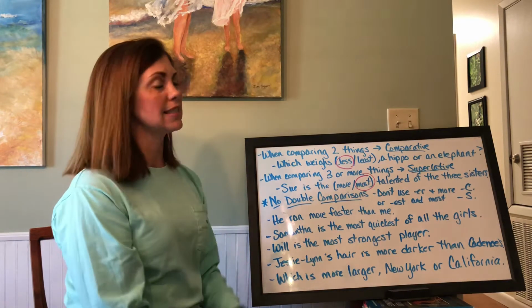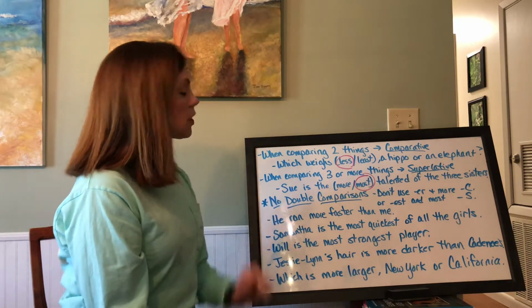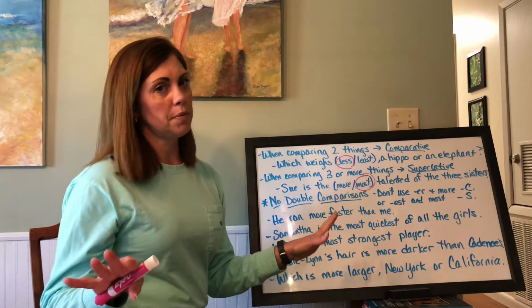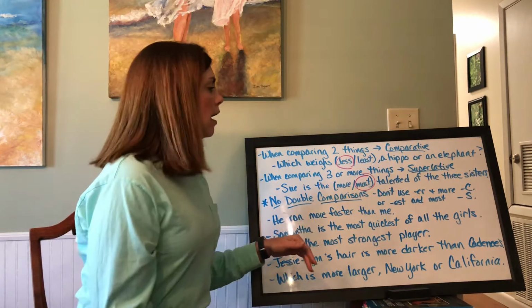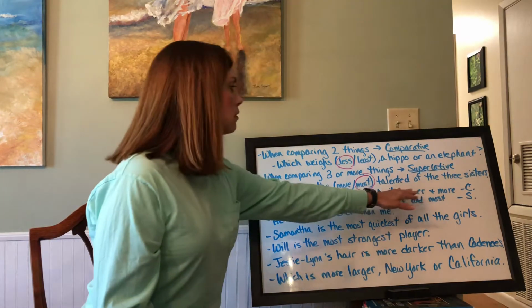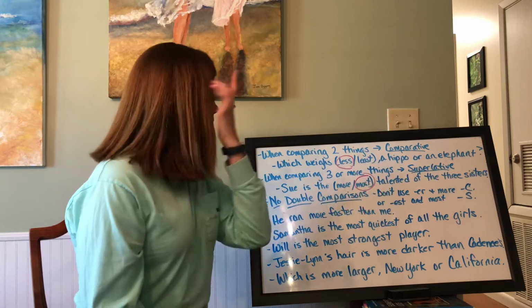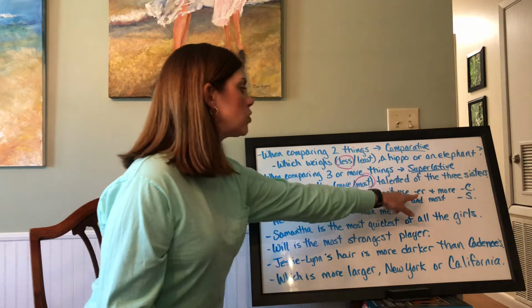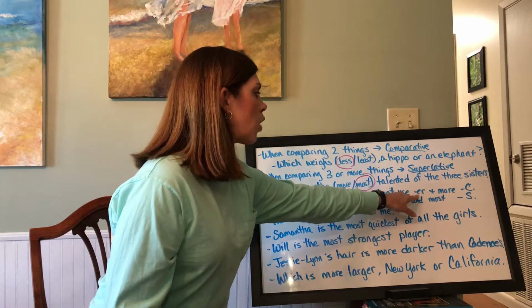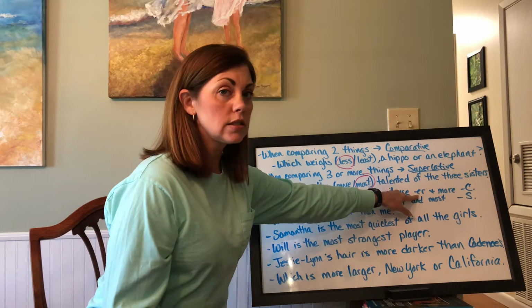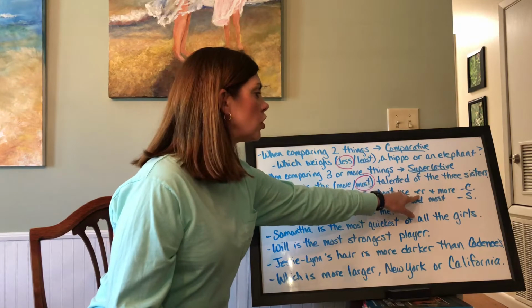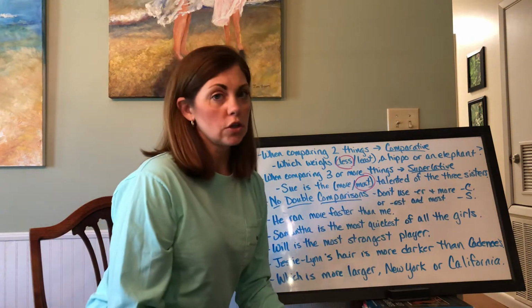Okay, so today's lesson is about double comparisons. You never want to do double comparisons. This is when you take the ER, right here. Well, no, these are, never mind, those are irregular. But if you took a word like large, larger, largest, and you used larger, and then you also added more, more larger. We don't do that.